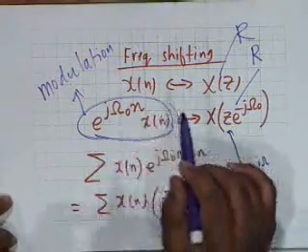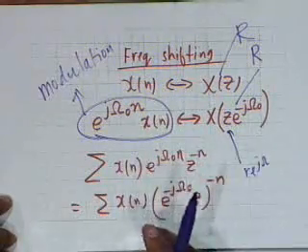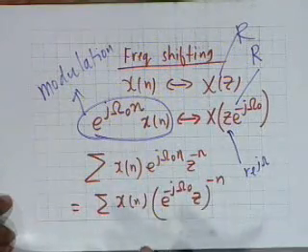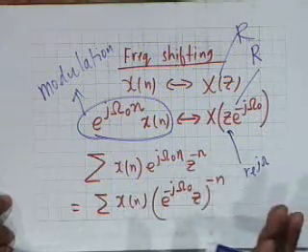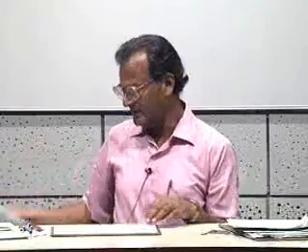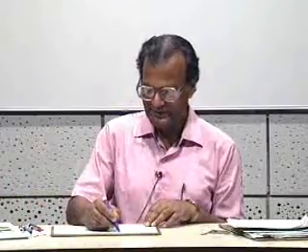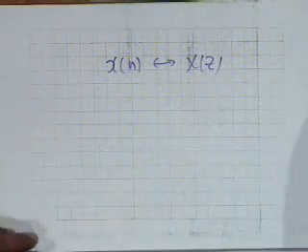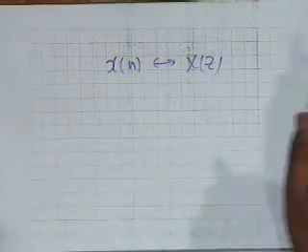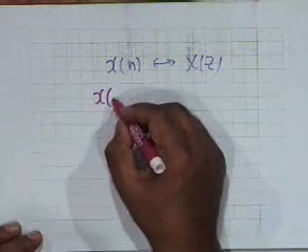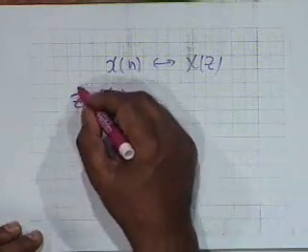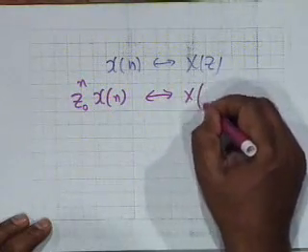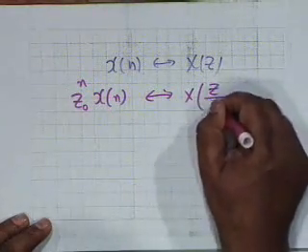Now, in general, this could be generalized by saying, instead of multiplying by e to the j omega naught n, if we multiply by some constant, some complex quantity z0 to the power n, let's see what happens. If x of n is the pair of capital X of z, then x of n times z0 to the n, where z0 is a constant, shall be in general capital X of z over z0.